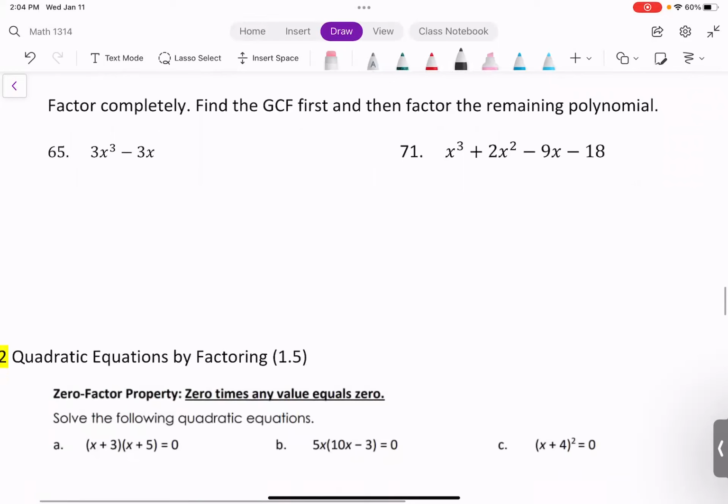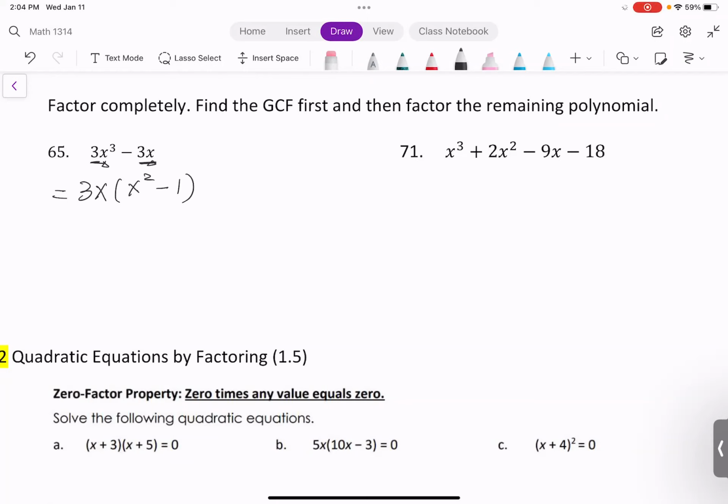Okay, last two examples. Factor completely: find the GCF first, and then factor the remaining polynomial. From the first term and the second term, the number part, I can factor out the 3. From the variable part, I can factor out the x. So we have x squared left, minus 1.